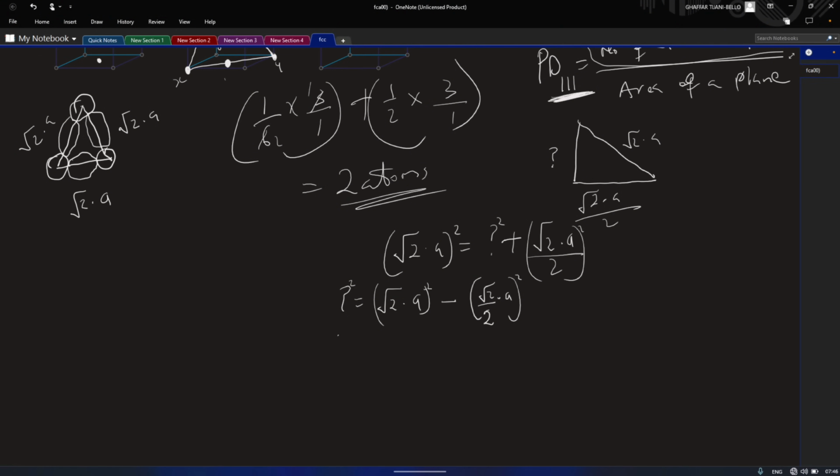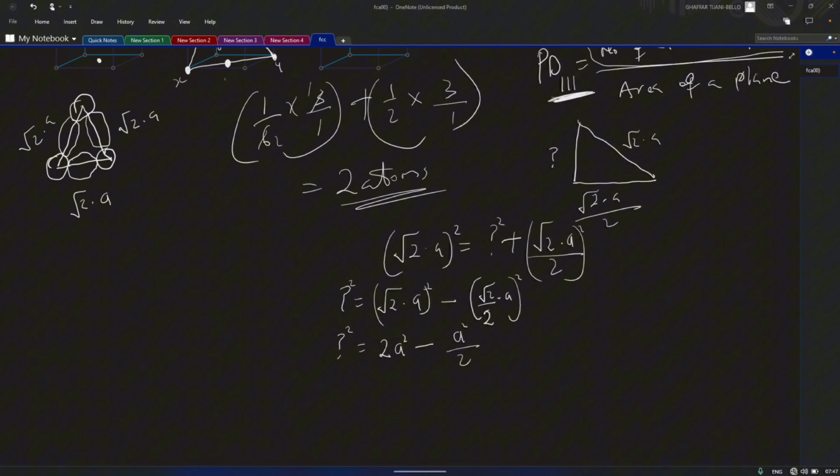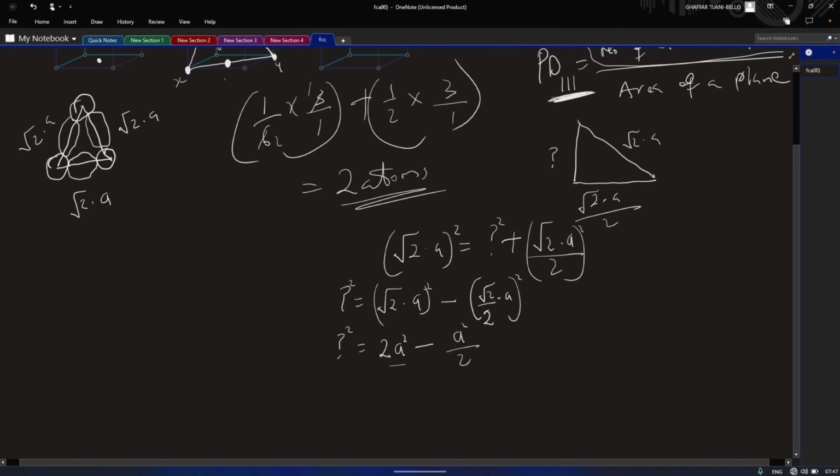So if you square this, we have root 2 times root 2 gives us 2, a times a gives us a squared, then minus this will give us a squared over 2. Punch into your calculator, root 2 over 2 squared gives you 1 over 2, which is our a squared over 2.